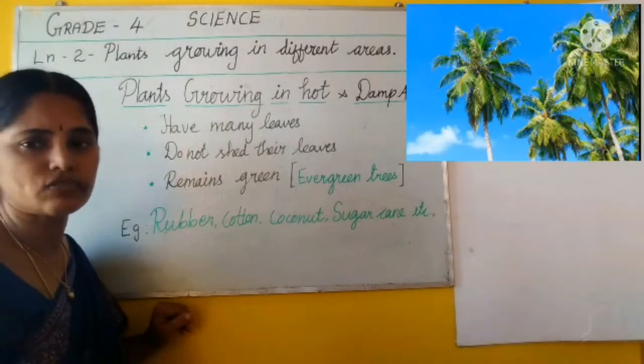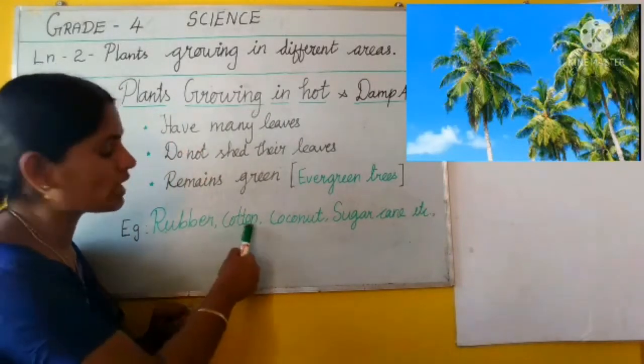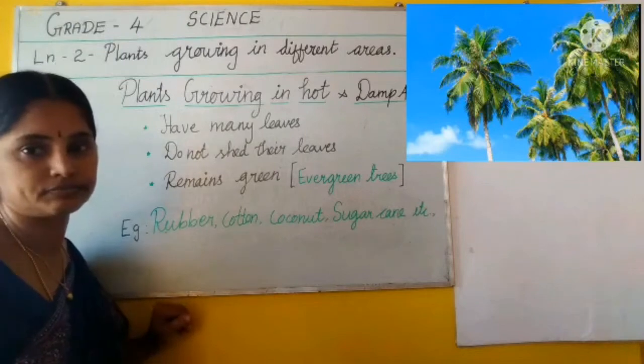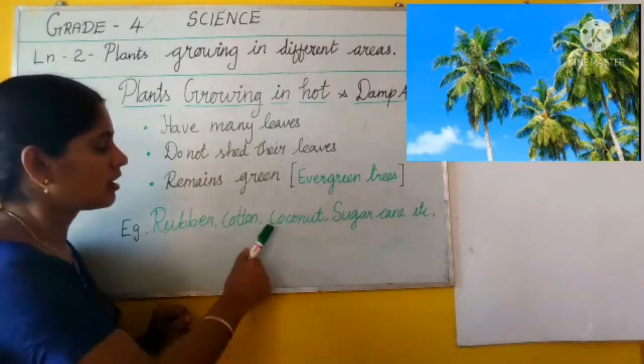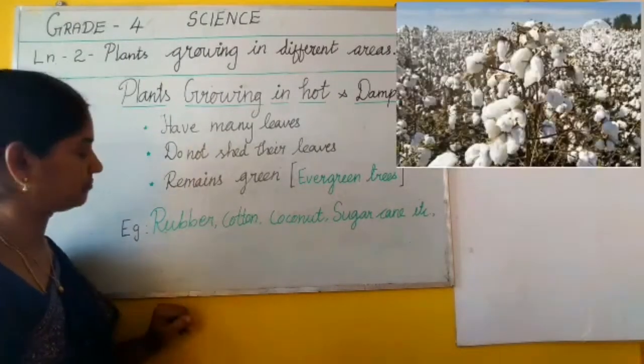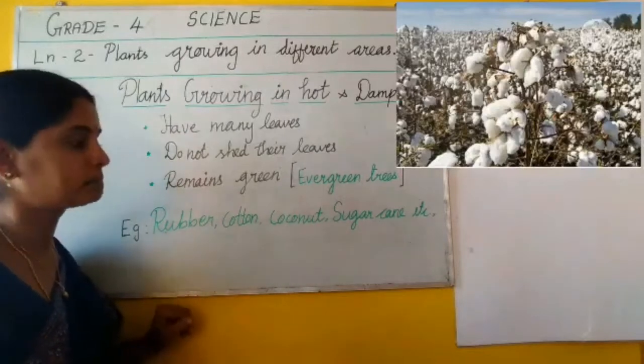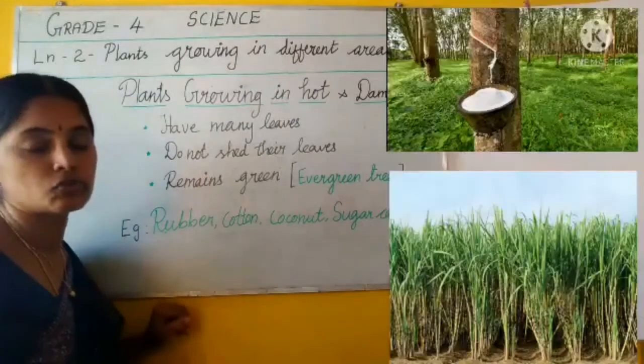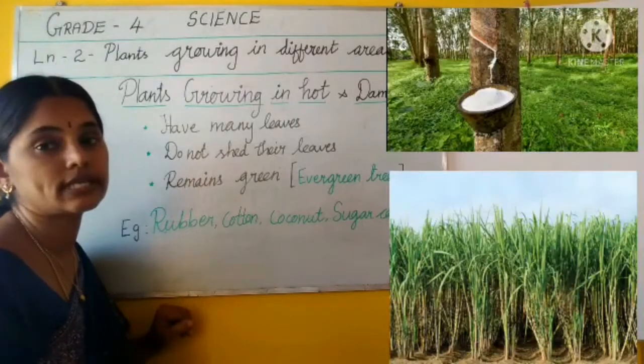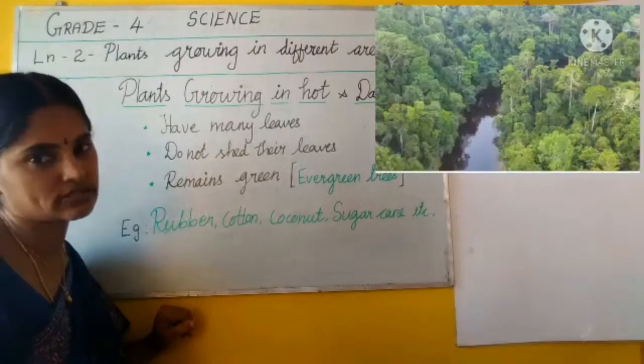What are the examples we can see? Coconut, cotton, rubber, sugar cane. These are the trees we can call evergreen trees.